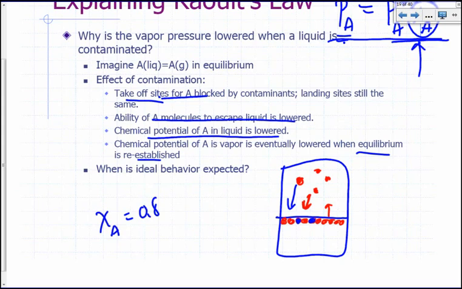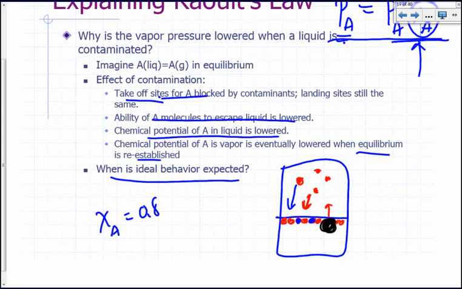Now, so that's ideal behavior. When do we expect non-ideal behavior? When do we expect deviation from this ideal behavior? Well, let's say one of your contaminants is big compared to your A molecules.